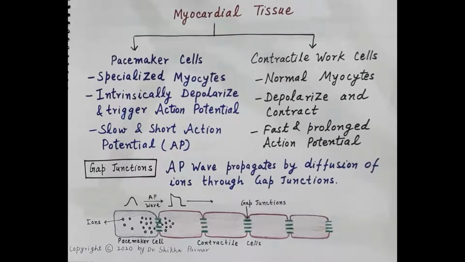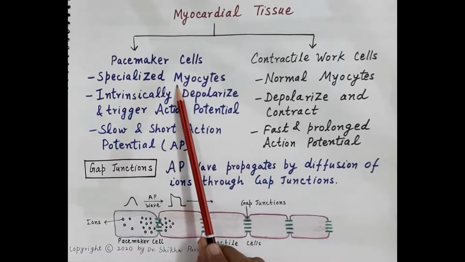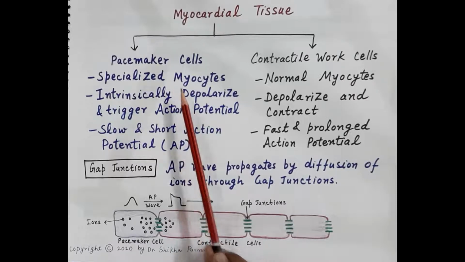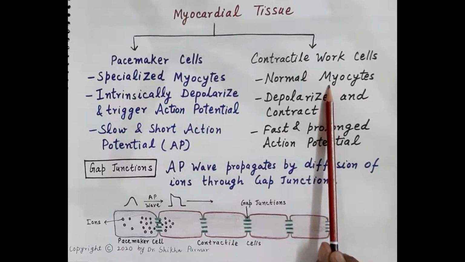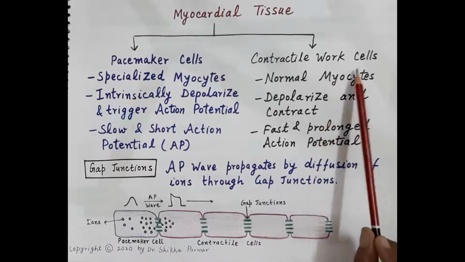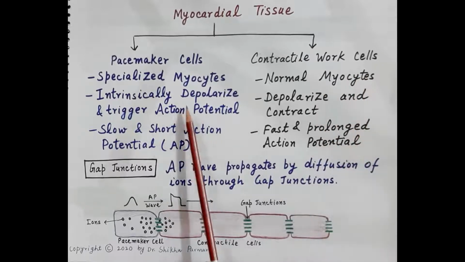In order to further understand cardiac electrophysiology, let's see the characteristic properties of pacemaker cells and normal myocytes. As we have already seen, myocardial tissue is made up of cardiac cells. Cardiac cells are of two types. Specialized cardiac cells or myocytes are the pacemaker cells, and the normal myocytes are the normal contractile cells.